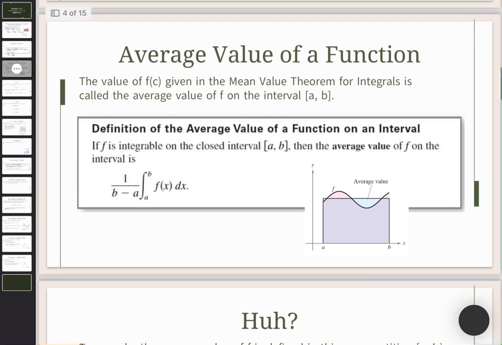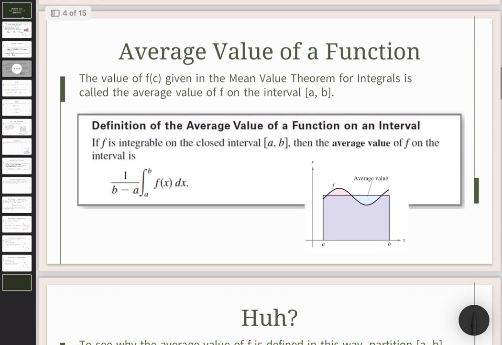So the average value of a function, also always feel free to pause, take your notes as long as you need in this section. I go a little quicker in the videos because I know that you guys can pause. The value f of c in that mean value theorem is called the average value of f on the interval. Your average value represents the height of the rectangle that has exactly the same area as the area under your curve, okay?